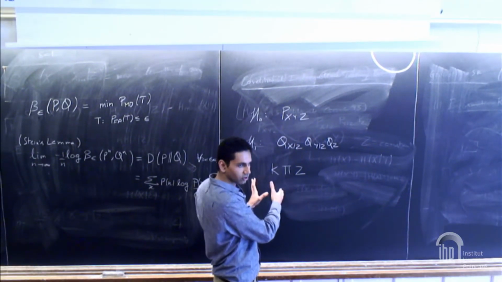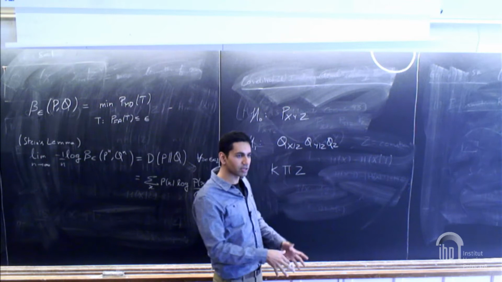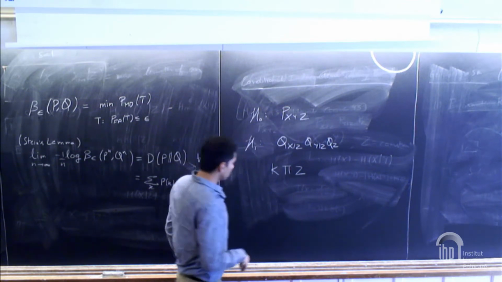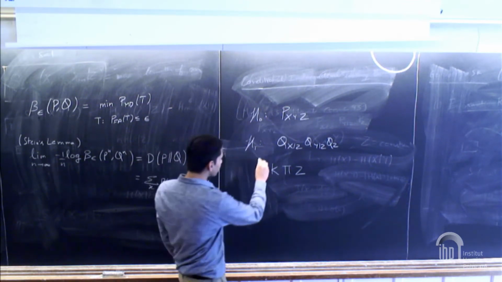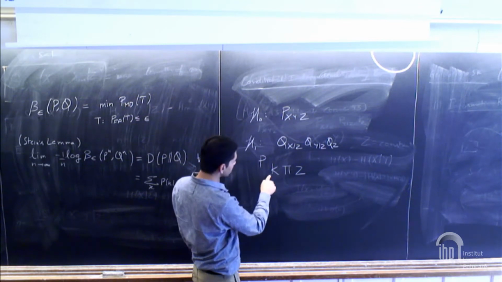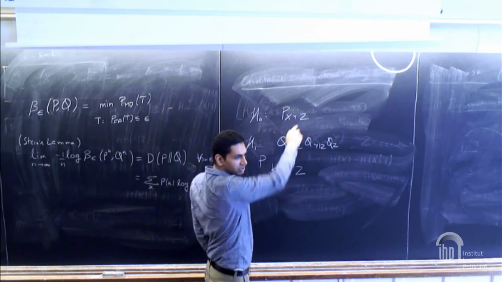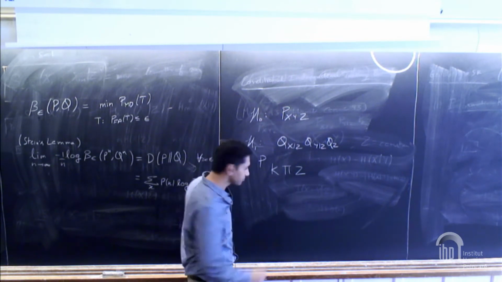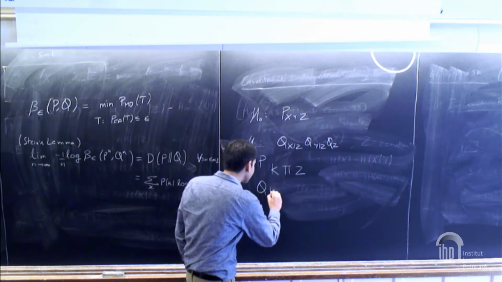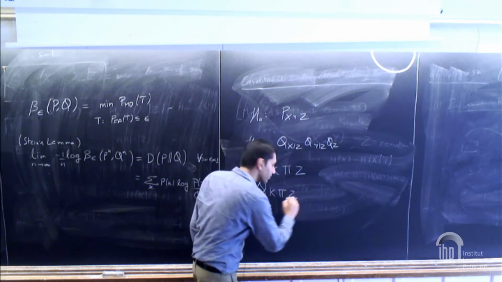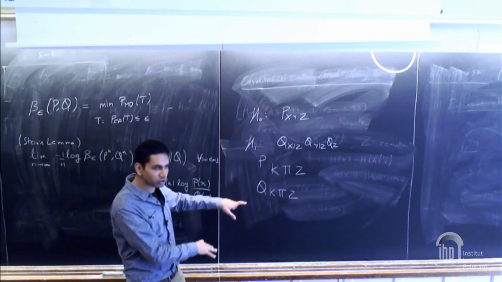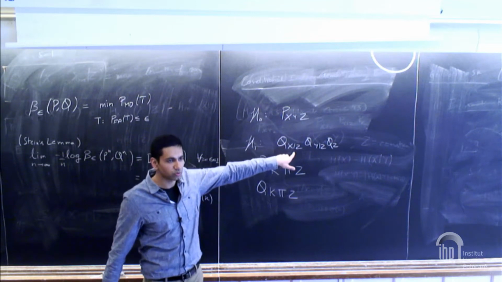Of course, this is right now not practical. I'm assuming everything is available to a single guy. So the view of the protocol, this is under P. This is the probability distribution induced on K, pi, and Z if the underlying distribution was P_XYZ. Let Q_KpiZ be the probability distribution induced on the same protocol if the underlying distribution was this one, the useless one.